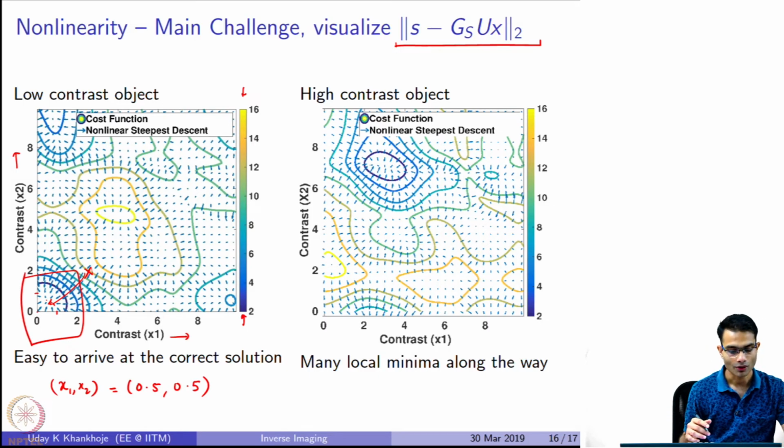Very good. On the other hand, supposing I said no, I will start my search from, let's say, 6, 6. Where do the gradients take me? They take me in some weird direction over here, and then the gradients become very small in magnitude. The length of the vector is the magnitude of the gradient. So I reach here, and I cannot proceed any further.